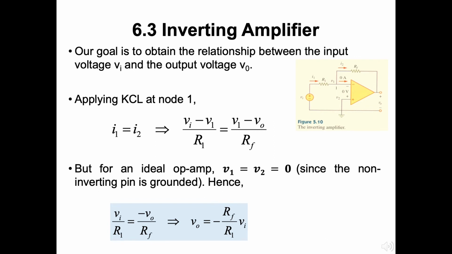Hence, from the middle equations, we can simplify them into the blue shaded equation below for finding the relation of VO and VI. Now we will have VO equal to VI times the negative ratio of RF and R1.